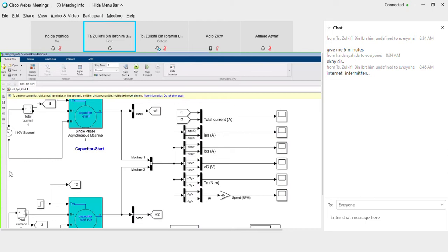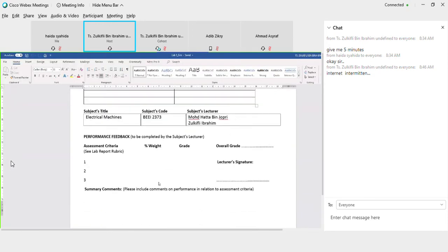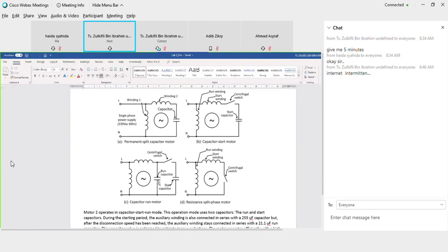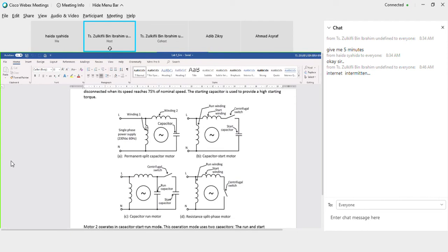You have here IAS, so you have 2 AS from here. So what is IAS? The IAS is this one. First is your IAS here.